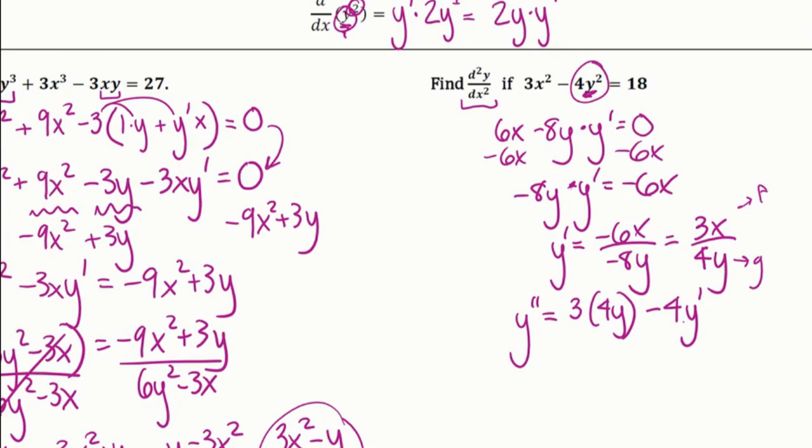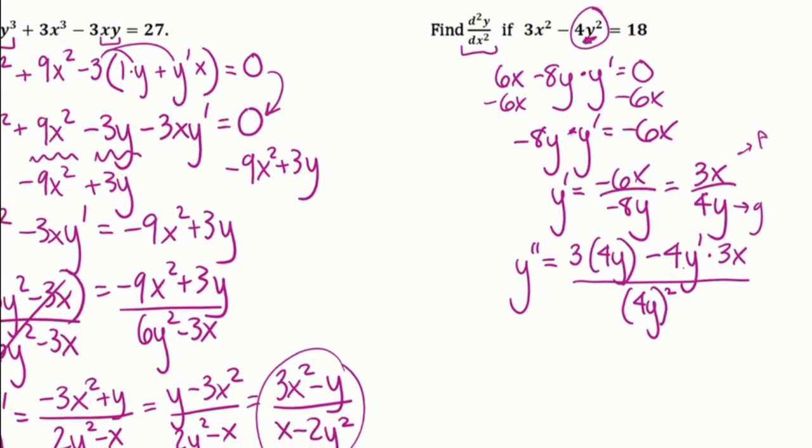So derivative of 4y is 4y prime times f over g squared. So I'm going to simplify this a little bit really quickly. So that's 12y minus 12x y prime over 16y squared, because it is 4y all squared, not just 4 times y squared.